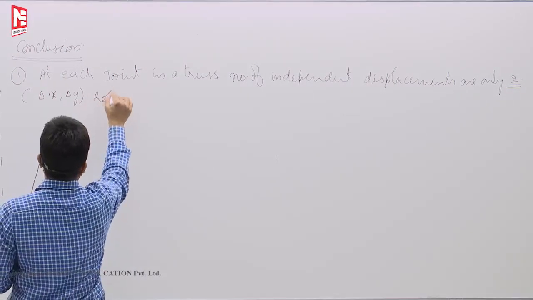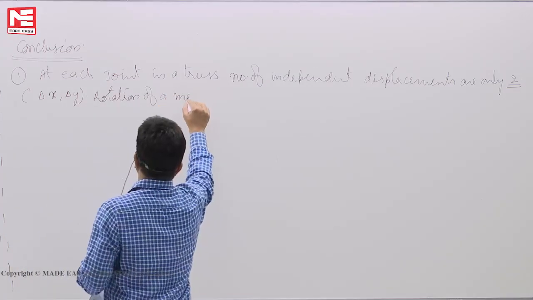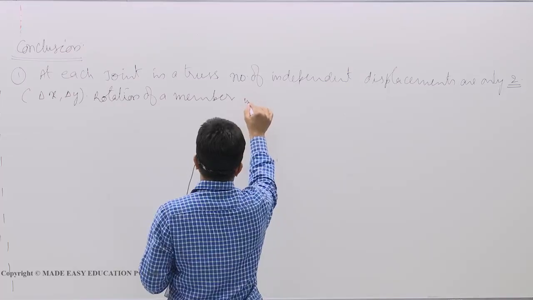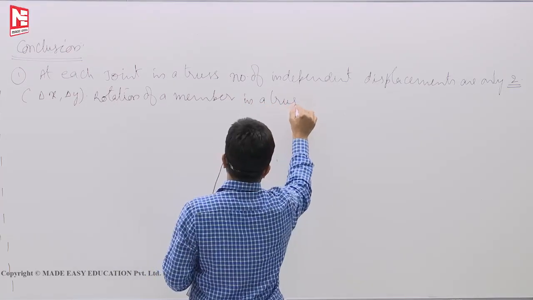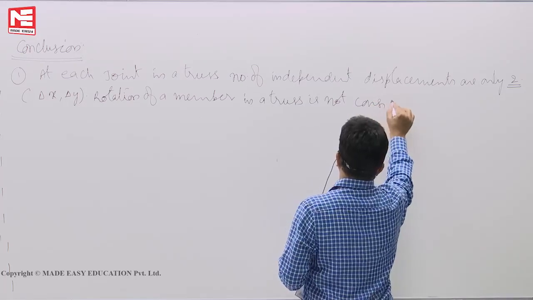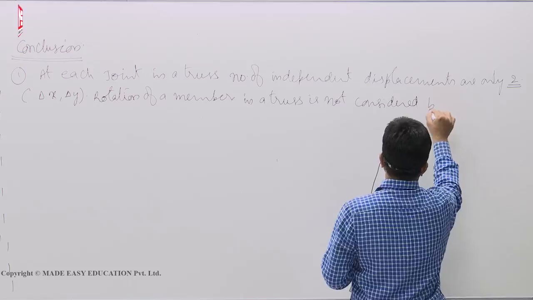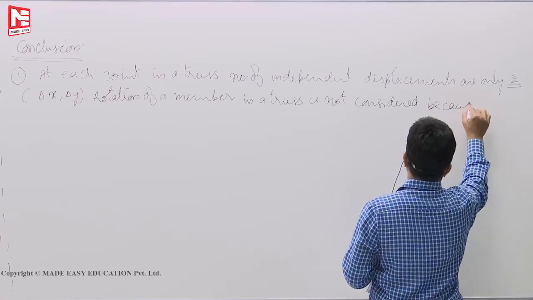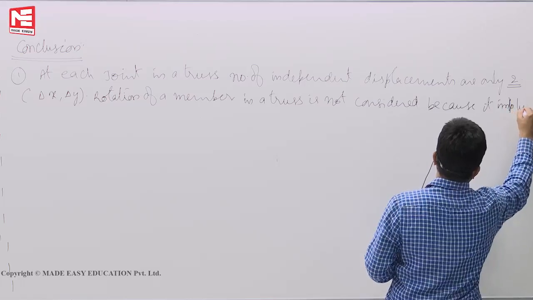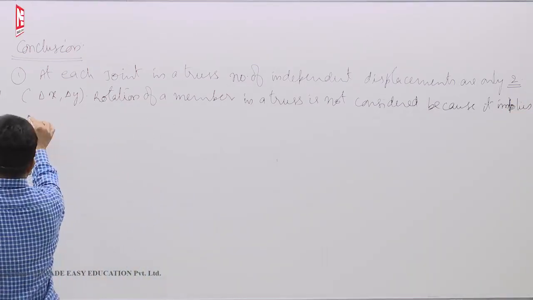Rotation of a member in a truss is not considered because it implies that the member buckled.